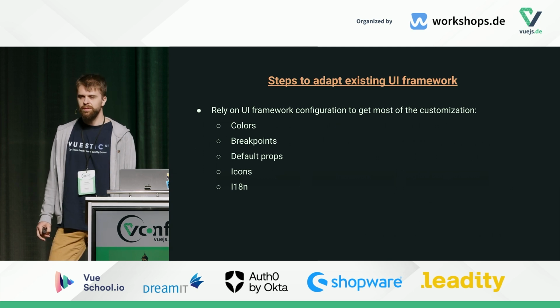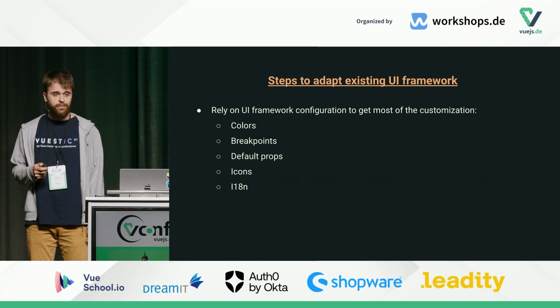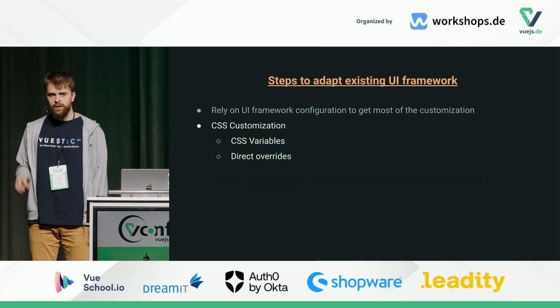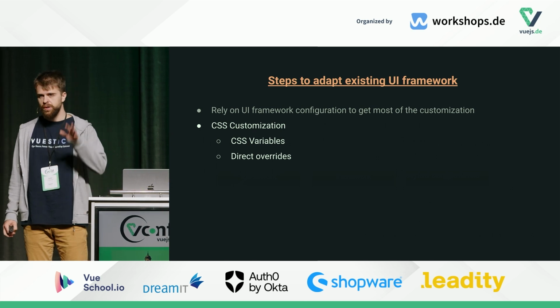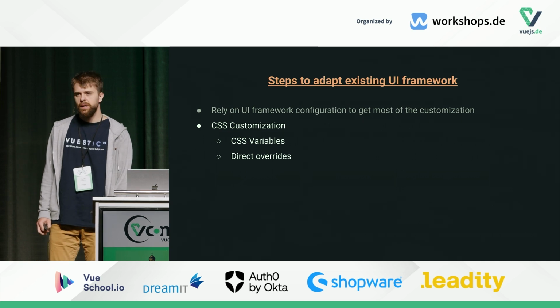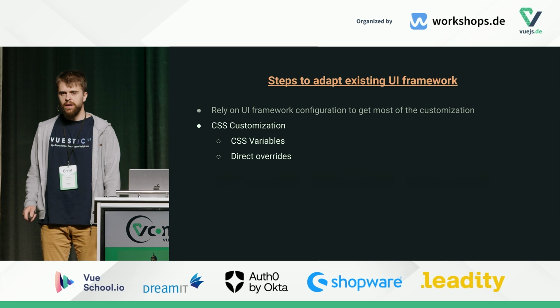I think almost every framework supports it. Icons and internationalization. Then you also want to include their CSS customization and try to use the most high-level features there, like CSS variables. And then if it doesn't work, you can do direct overrides.